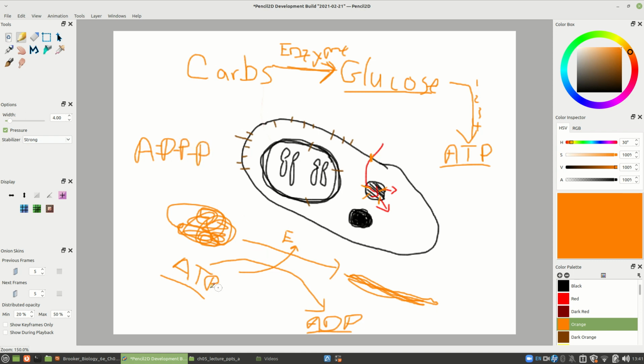What you do is this chemical reaction involving this protein, which has the ability to rip one of these phosphates off. It tears it off, and when it does, it breaks this bond right here. And that bond, when it breaks, is the energy that is released to the protein.